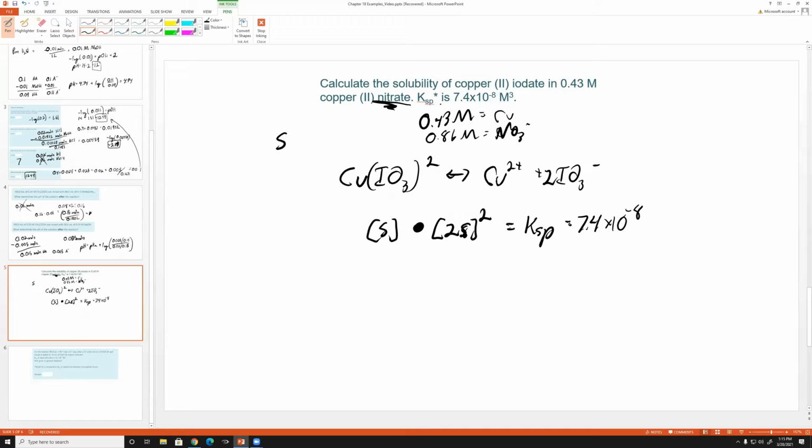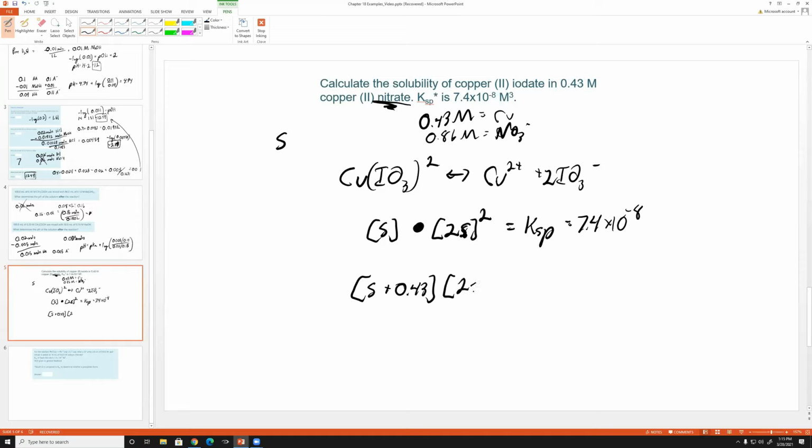But the additional concentration of copper has to be added to S over here. So it'll be S plus 0.43.